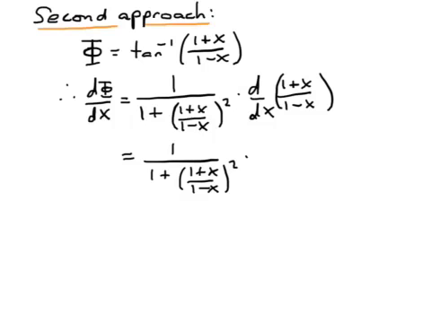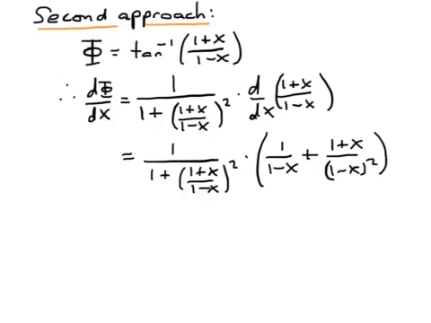So that's just going to give us 1 over 1 minus x. And then for the second term we have 1 plus x. We're differentiating 1 minus x to the minus 1. So we reduce the power by 1, that means 1 minus x all squared, and there are going to be two minus signs, one from the power and one from differentiating 1 minus x. So that's going to give us a plus sign.